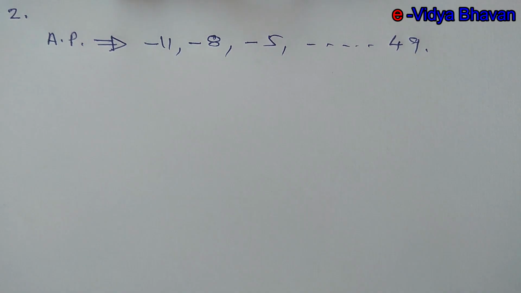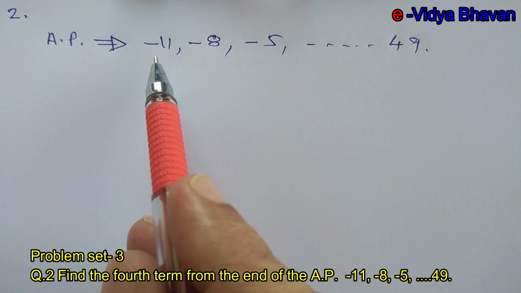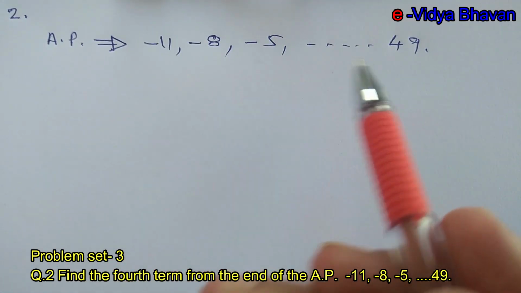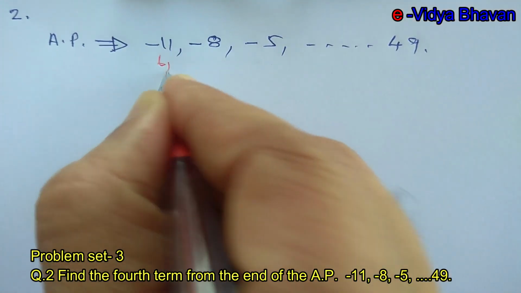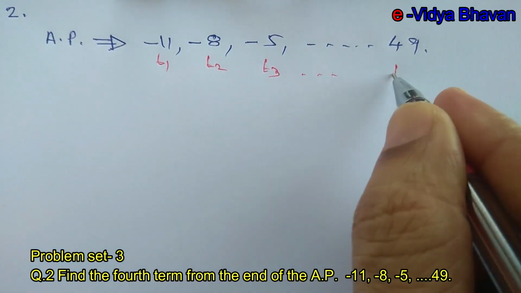Question number 2. Find the fourth term from the end of the AP, and the AP given to us is minus 11, minus 8, minus 5, up to 49. Let us term them: this will be our T1, T2, T3, and so on, and this will be our nth term.